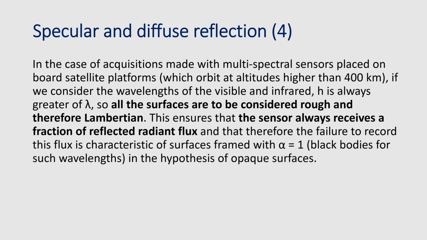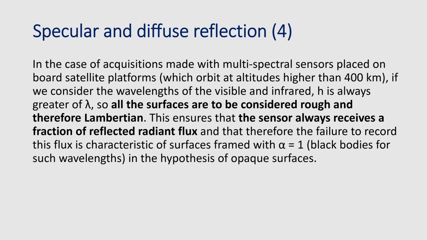All right. So, in the case of acquisition made by a multispectral sensor on board satellite platforms, which orbit at altitudes higher than 400 kilometers, if we consider the wavelengths of the visible and infrared, as I mentioned before, h is always greater than lambda. So all the surfaces, and this is in bold because it is very important, are to be considered rough, and therefore Lambertian.